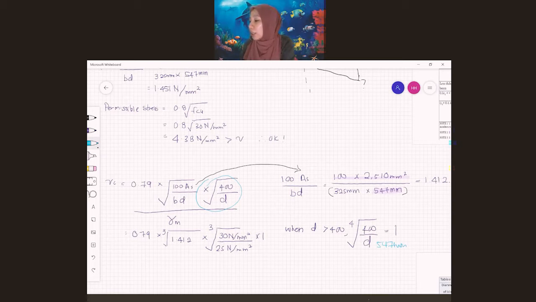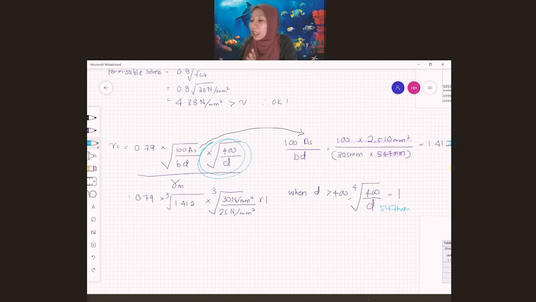Okay, kalau katakan D awak less than 400, contohnya 300, formula ni masih wujud, you akan pakai dan letak dalam formula bawah ni. Okay, tapi sebab kita punya D lebih besar pada 400, kita anggaplah formula ni jadi 1. Okay, formula yang kita pakai ni 400 divide by D kuasa 4 ni jadi 1.